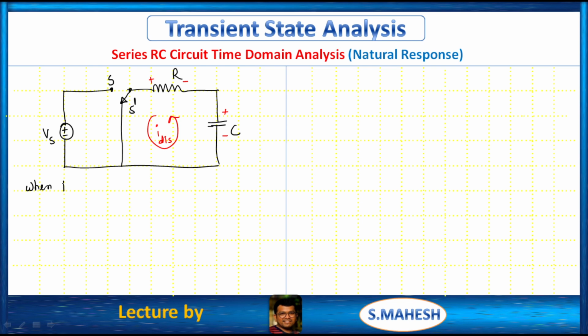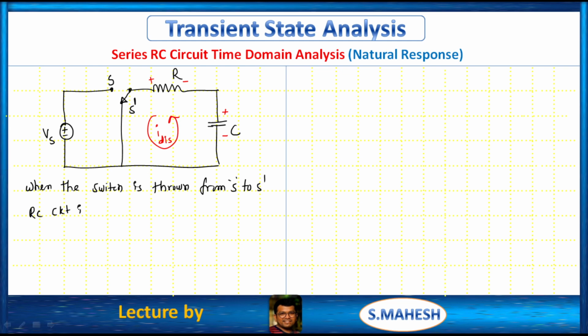When the switch is thrown from S to S dash, what will happen?